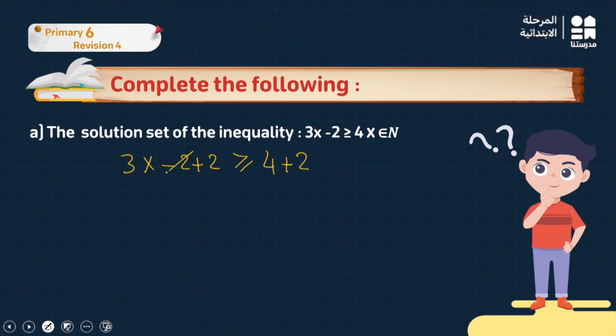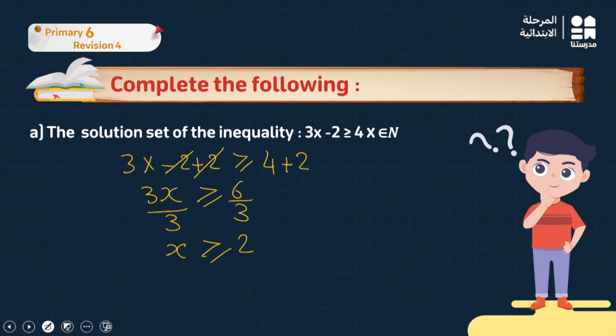So the 2 with the 2 simplified becomes 0. 3x plus 0 equals 3x, greater than or equal 4 plus 2 gives me 6. So 3x greater than or equal 6, I can divide the two sides by 3 to find the value of x. Then I will write x greater than or equal 2.